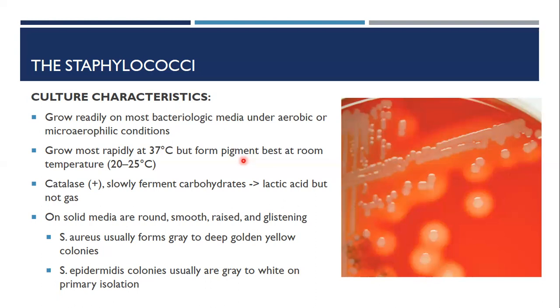Now, if it is Staphylococcus epidermidis or saprophyticus, the pigment produced is whitish or grayish. So as you can see here, the colonies on a blood agar, this is actually a blood agar, are round, smooth, and glistening.